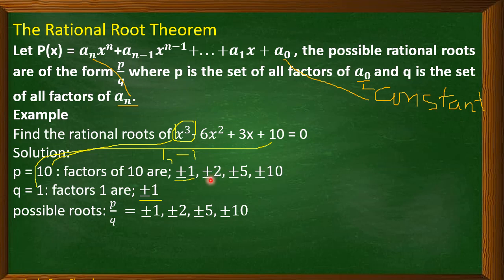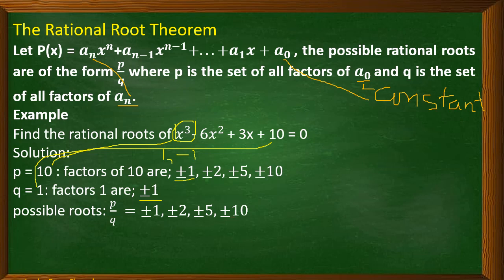Plus minus 2 divided by plus minus 1 is plus minus 2. Plus minus 5 divided by plus minus 1 is plus minus 5, and plus minus 10 divided by plus minus 1 is plus minus 10.